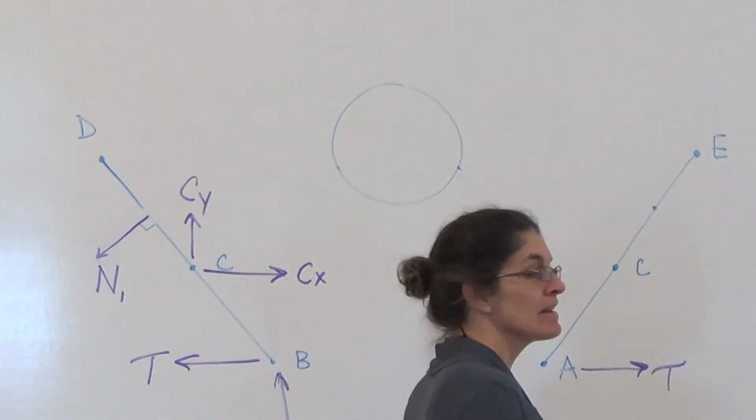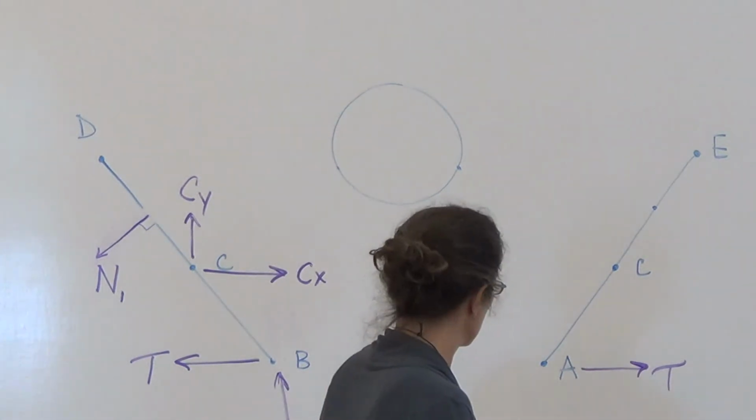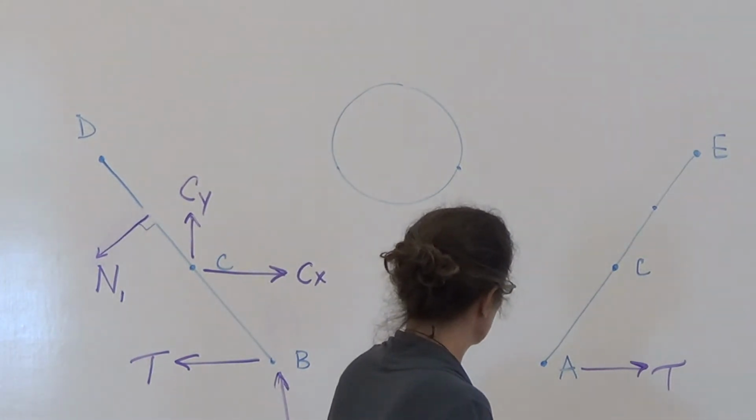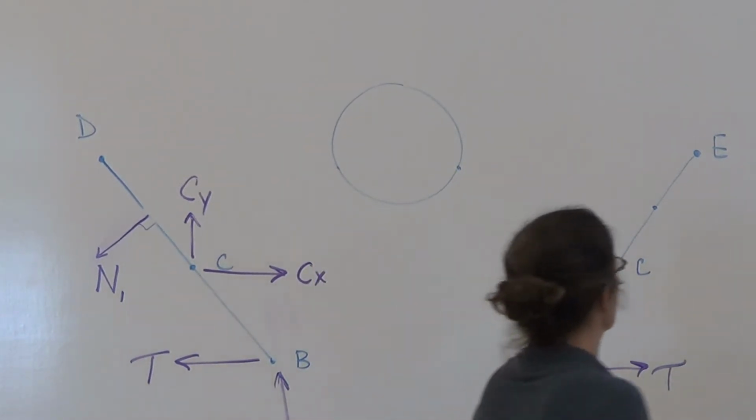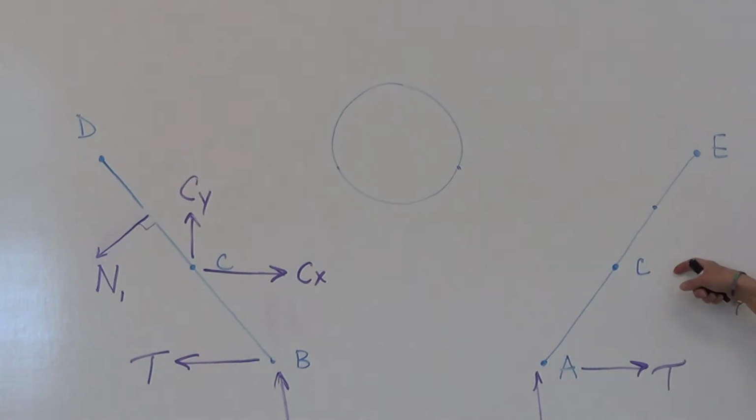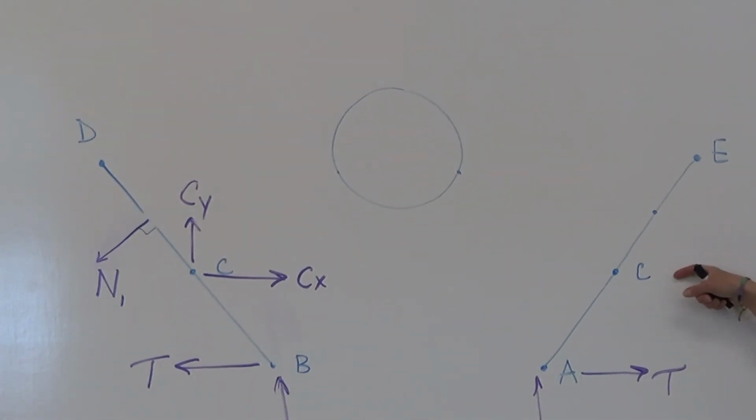What else? And then normal for A. Which way? Down, or I'm sorry, up. Up. And CX. And how should I draw CX and CY? I think that CX is going to go that way. It's got to be opposite. What's that law, equal and opposite? Is that the third one?